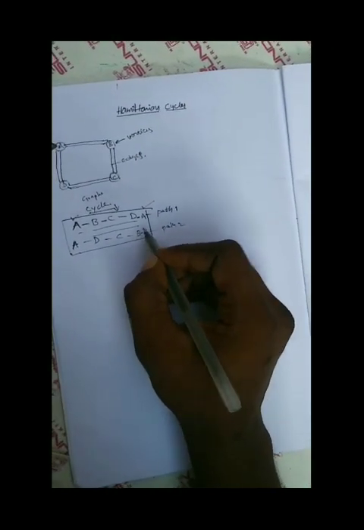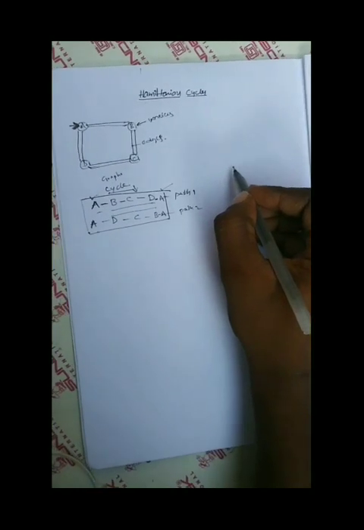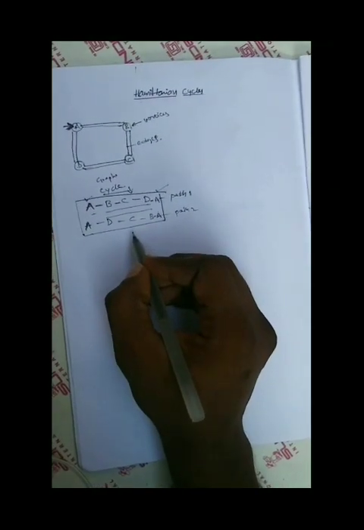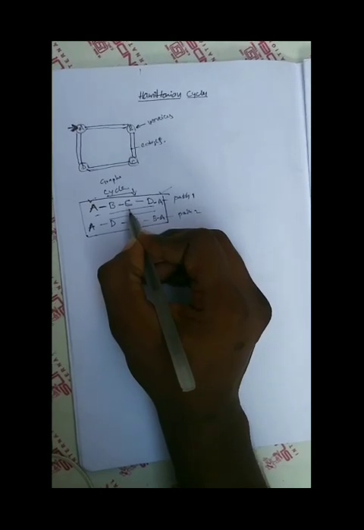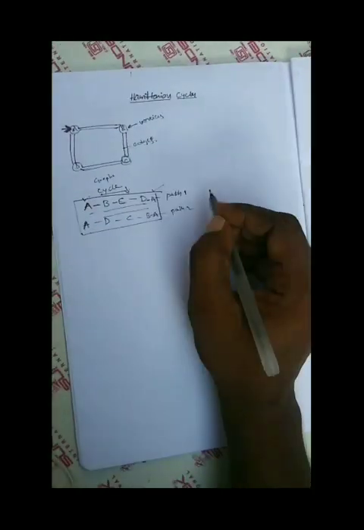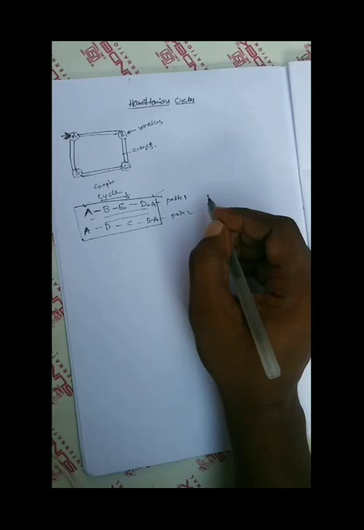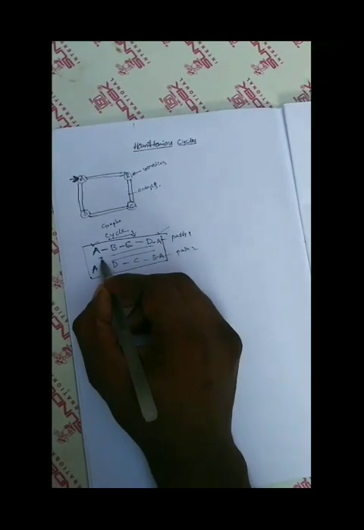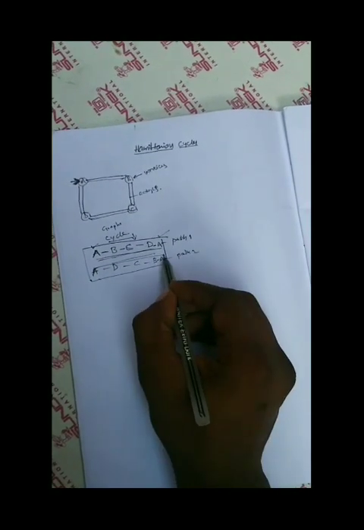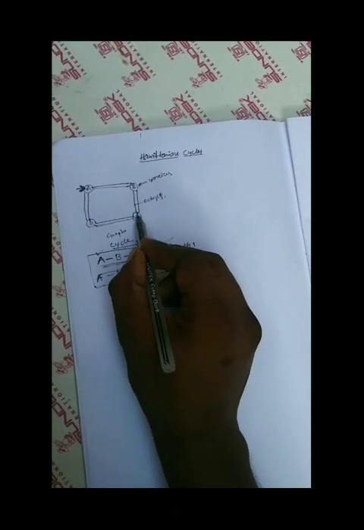We can say in a circle there exists a path. The path can lead to form a circle. So these two are the circles for the given graph.